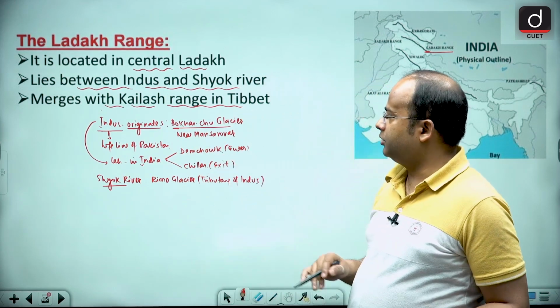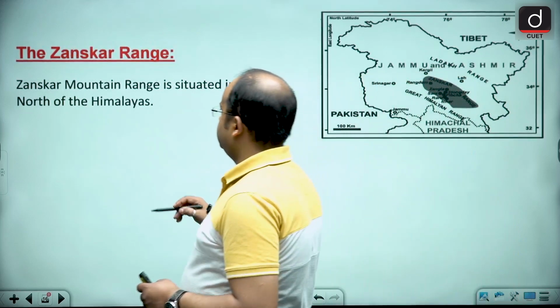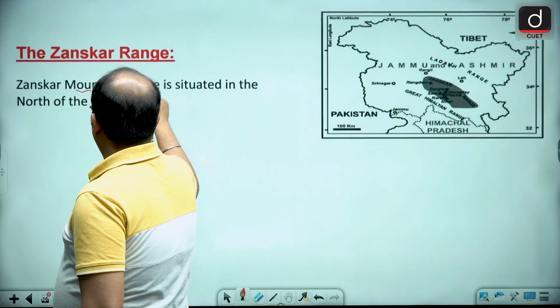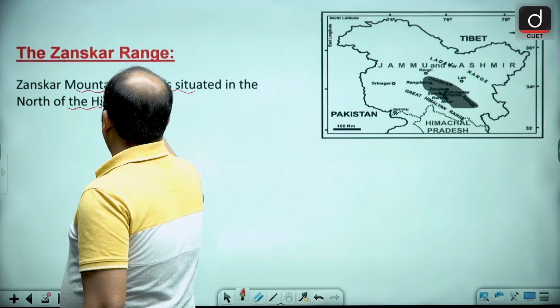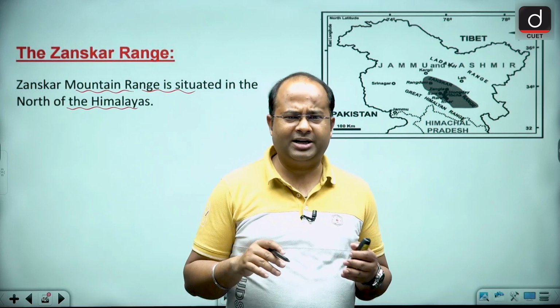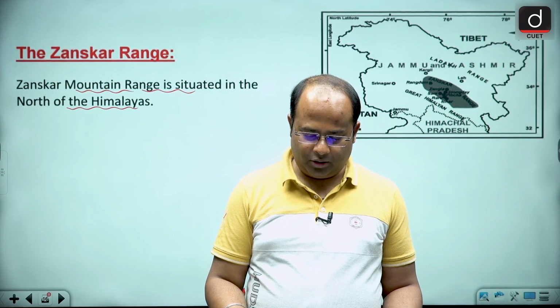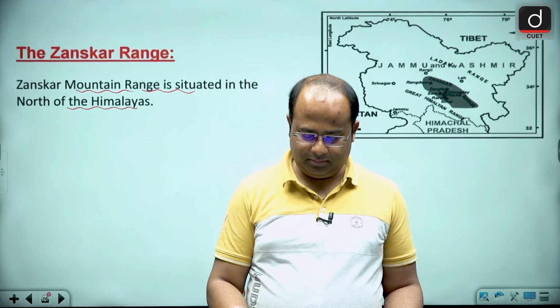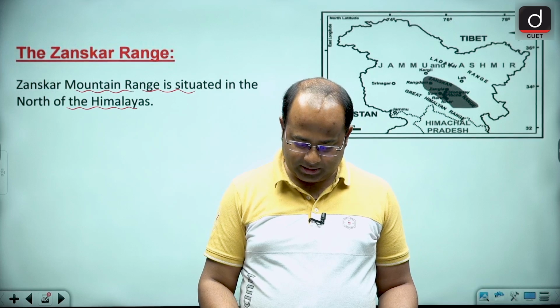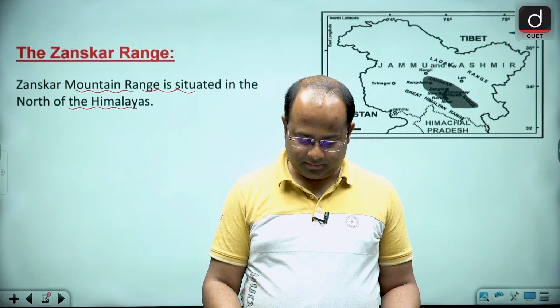So this is about the Ladakh range. Then you have the Zanskar range. The Zanskar range is situated in the north of Himalaya, and it is considered the unofficial boundary between India and Tibet.